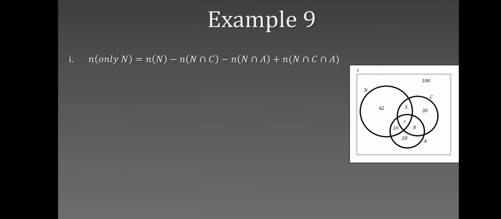From the set of N, I am subtracting the intersection portions, but while I am subtracting the intersection portion, I am subtracting the common portion twice, so I have to add it back. And if we do so, this is my answer. Right? I hope this is clear.